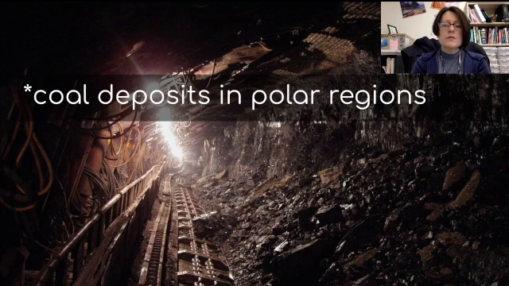Coal is from dead plants and animals, especially tropical type where you have a lot of vegetation. So in order to have coal in the polar regions, it seems that it would have to move there from an area that had more vegetation.